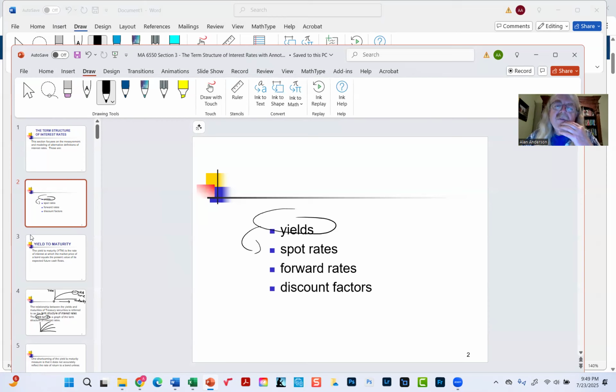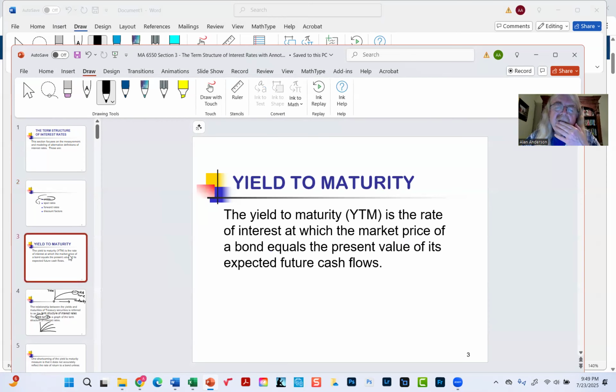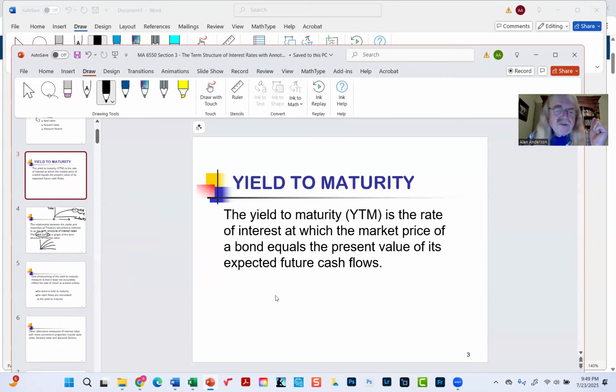So anyway, now the yield to maturity, formally what it means is that you're taking a bond and you're discounting all of its cash flows by a single rate of interest, which is the yield to maturity. So let's say, for example, I have a bond.